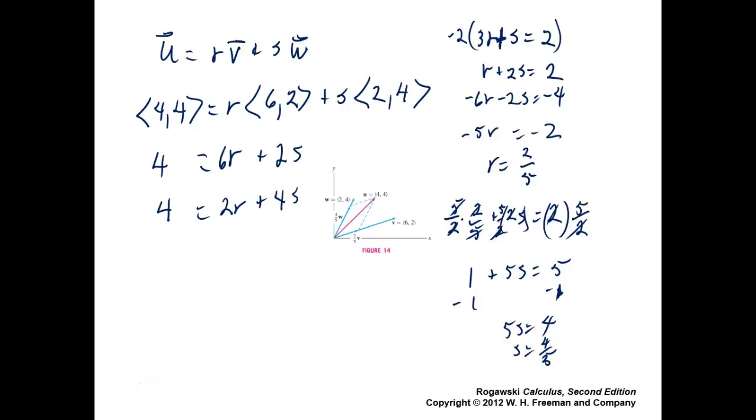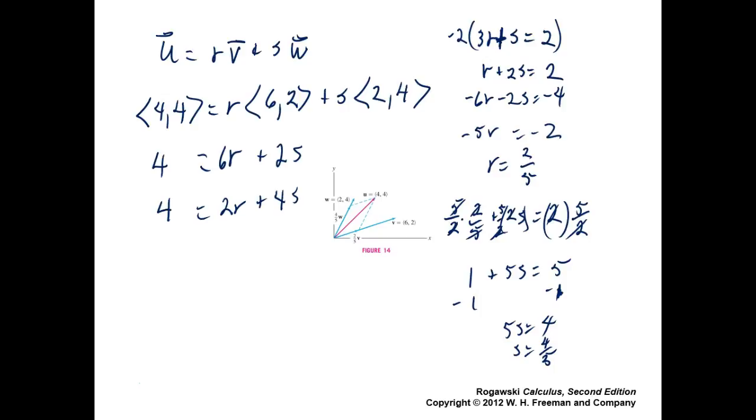Forget I said that. Conceptual insight here in general, to write a vector U1, U2 as a linear combination of other vectors, V1, V2, and W1, W2, we have to solve a system of two linear equations and two unknowns, R and S. That's exactly what we did. On the other hand, vectors give us a way of visualizing a system of equations geometrically.